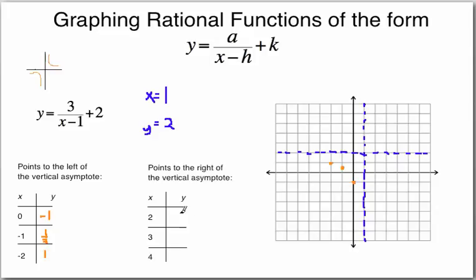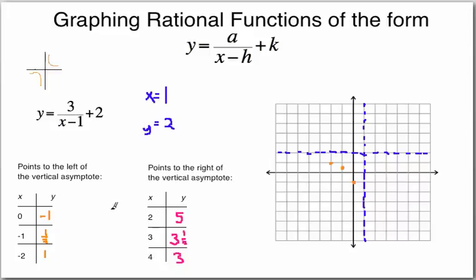Same thing, plugging in 3 you get 3.5, and plugging in 4 you get just 3. Again, you can check those calculations on your own. We get them by taking whatever x is and plugging it into our equation to get y.